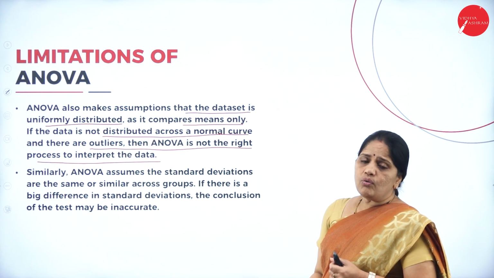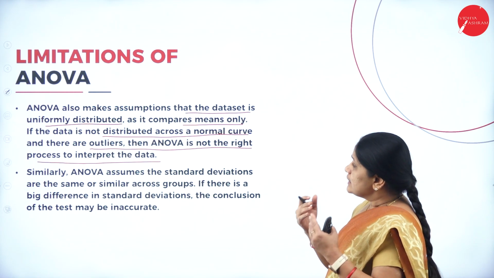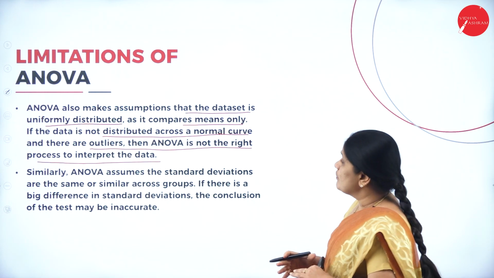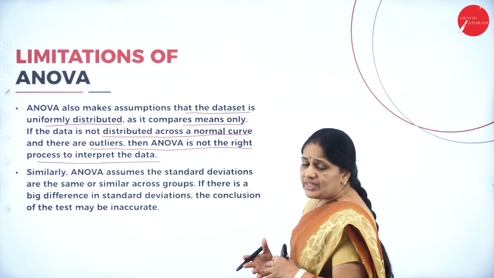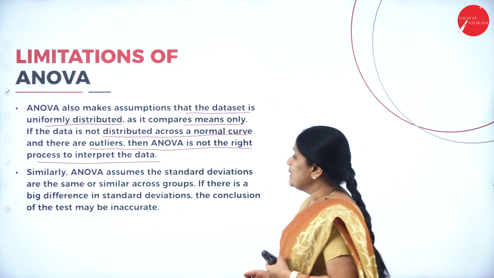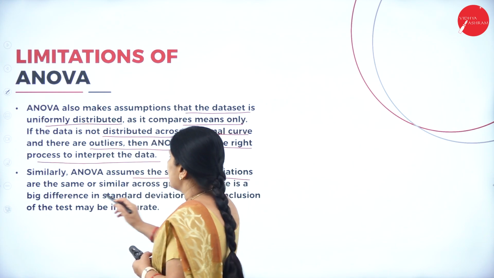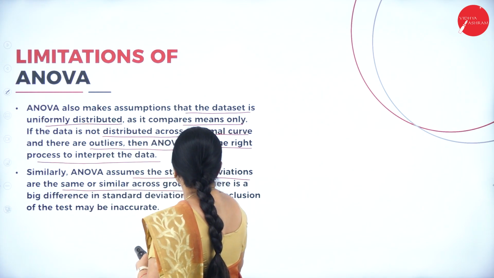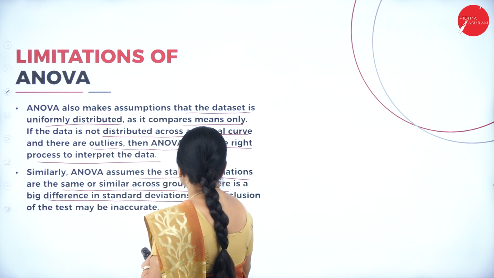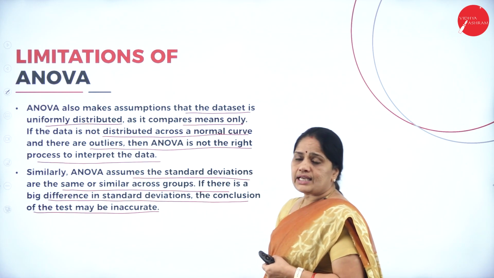So what are the assumptions of ANOVA? ANOVA assumes that the data is normally distributed. There is uniform distribution of data. But if there is no uniform distribution of data, then ANOVA cannot be adopted. Similarly, ANOVA assumes that the standard deviations are the same or similar across the groups. So if there is a big difference in standard deviations, the conclusion of the test may be inaccurate.